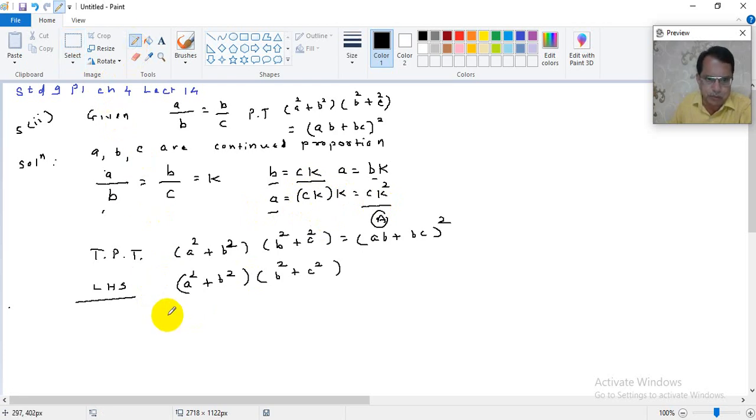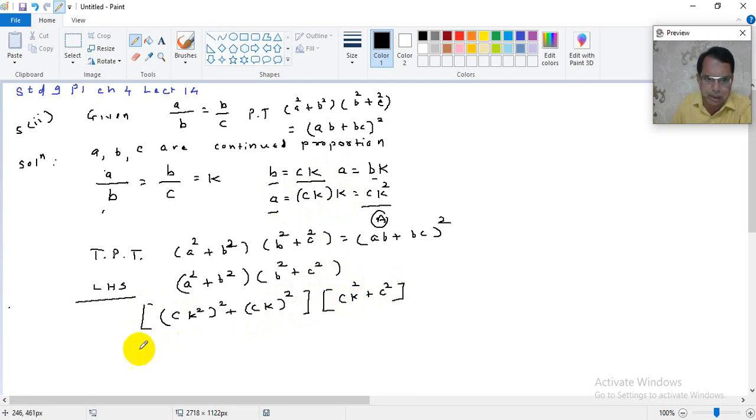So this comes out to be CK square of that and plus B square, which is CK square, because B ची value काय बघा, CK. So B square is CK, B square म्हणजे CK चा square. So this is in one bracket, and in another bracket B square plus C square. Out of that B is CK. So this is CK square plus C square.